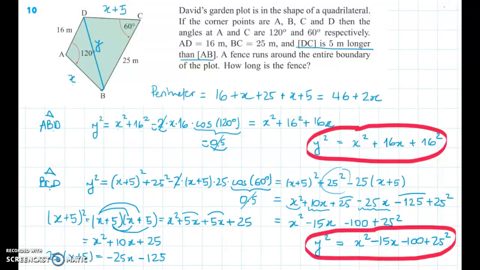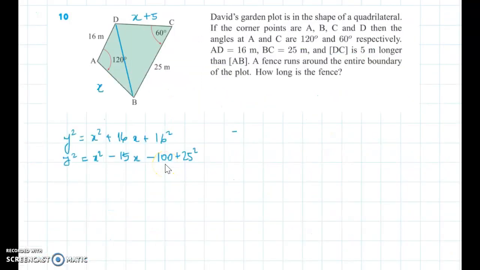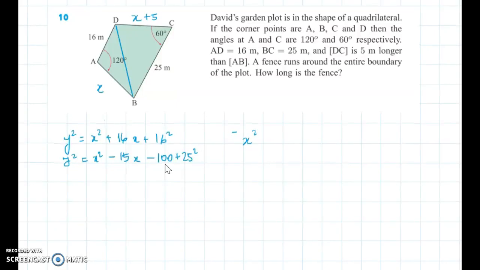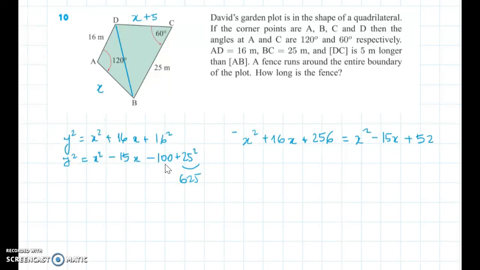But that means that whatever we have in the right-hand side has to be the same in both cases. So what we're saying with these two equations is that actually x squared plus 16x plus 16 squared, which is 256, you can check with the calculator or by hand if you want, has to be the same as x squared minus 15x, and then we have 25 squared, that's 625, minus 100, so that's plus 525.